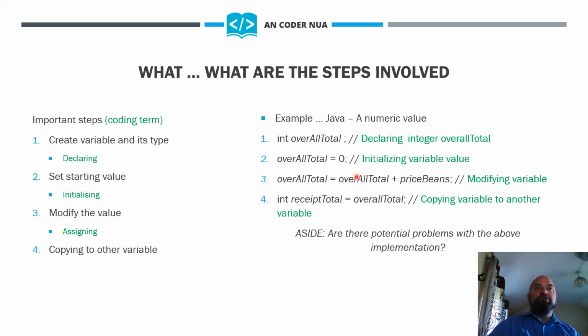Then, as we need to going down through the program, we can modify this value. Now, in this case in 3, we're saying overall total is equal to overall total plus the price of beans. Okay, price of a can of beans, as stated in our example a couple of minutes ago. Now, notice one thing here.